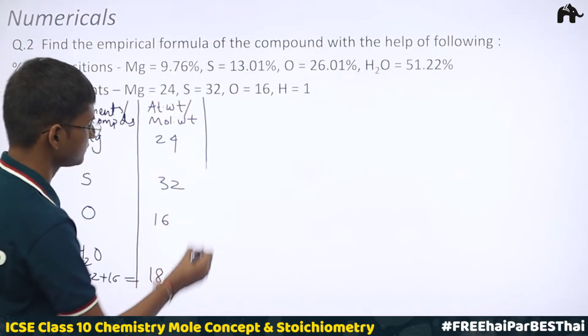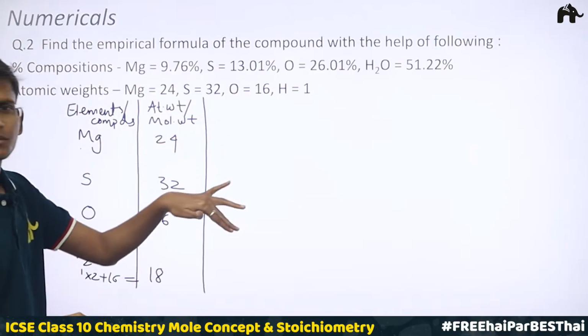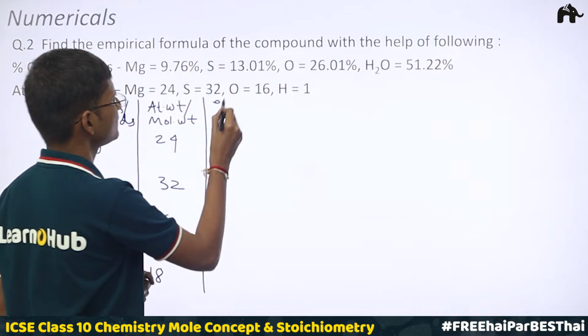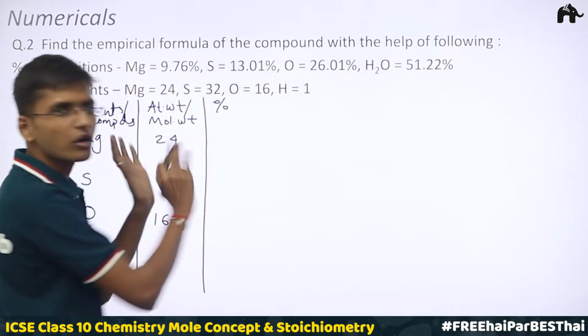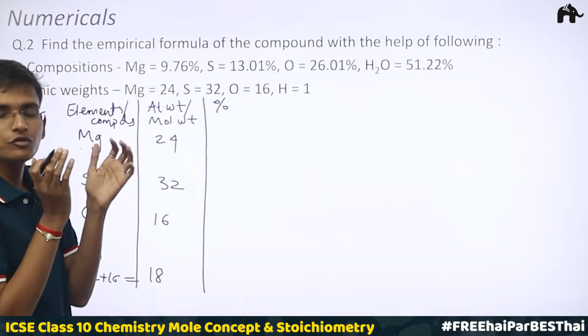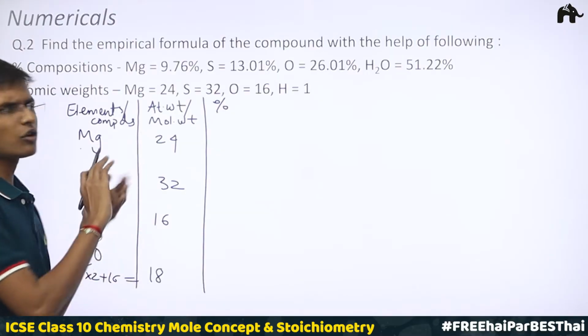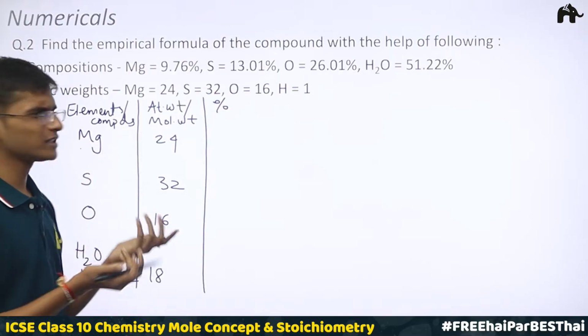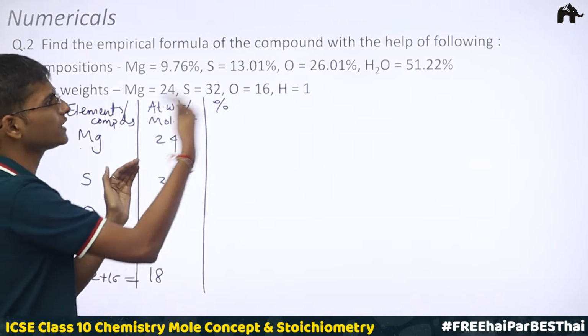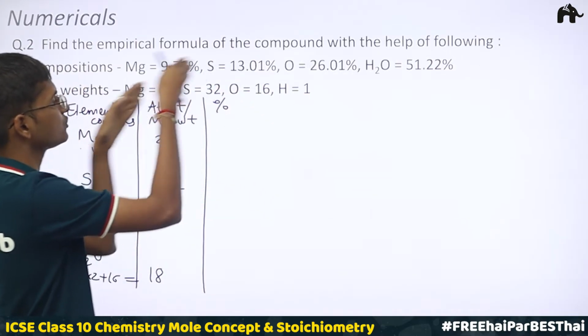Now again the same thing. Next would be percentage composition. You can change the order, no issues, but you have to remember what to divide with what. I would suggest you not to change the order, but it's up to you. You have to remember that for finding the simplest ratio, you divide percentage composition by atomic weight.